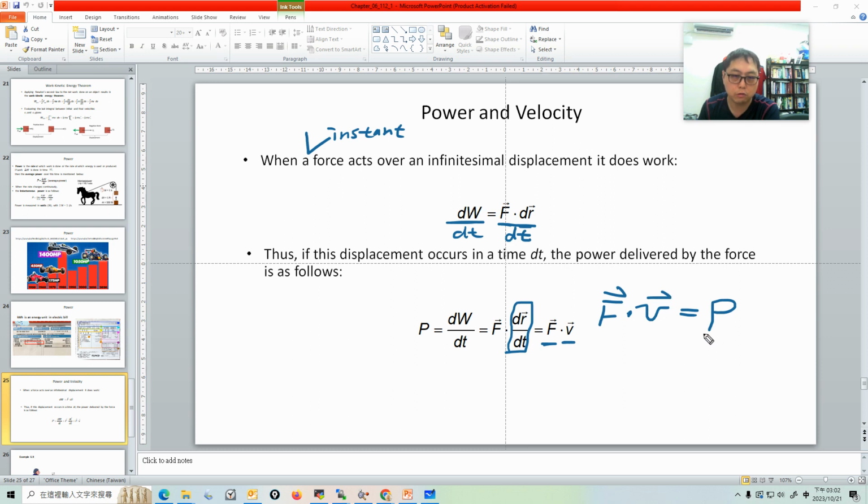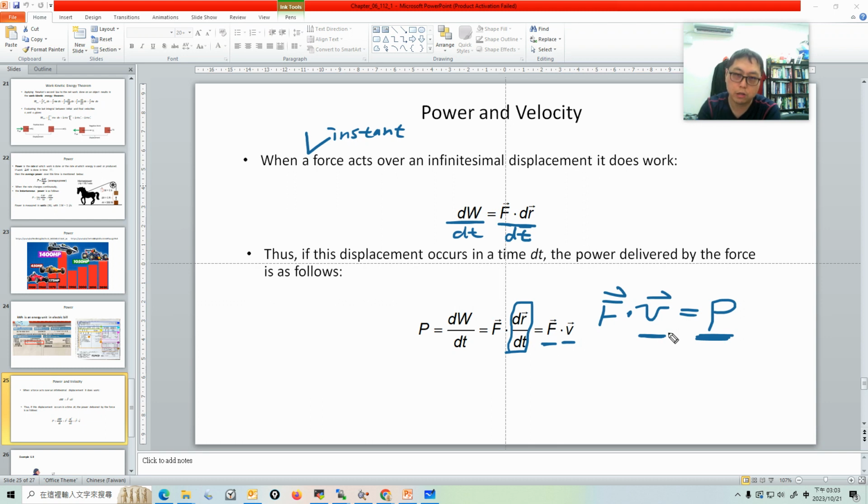So once again you see that power has a relationship with velocity. It's very similar to kinetic energy: work and kinetic energy have a relationship with velocity, and power also has a relationship with velocity.